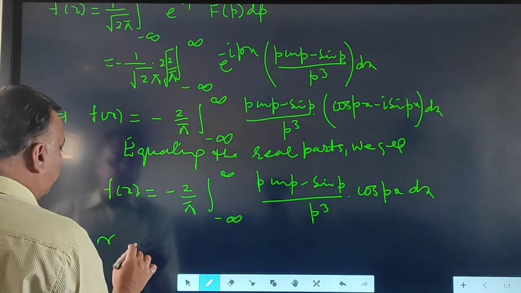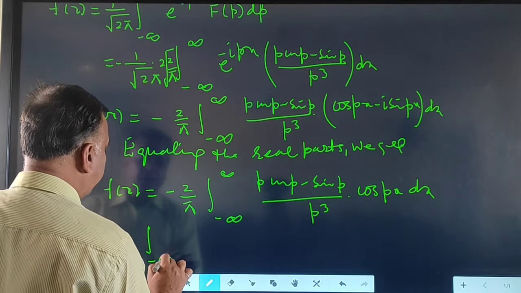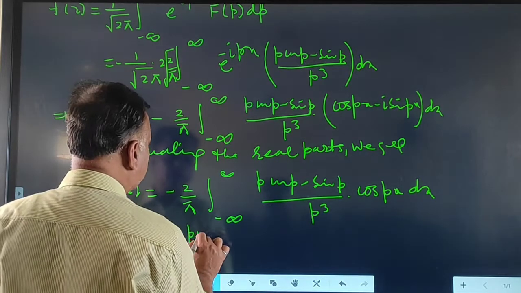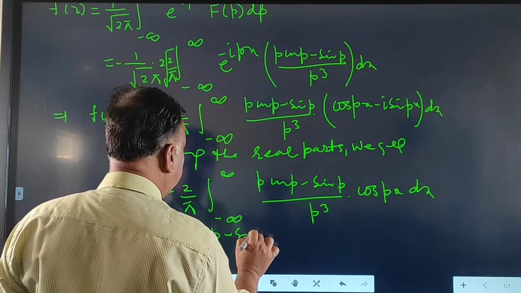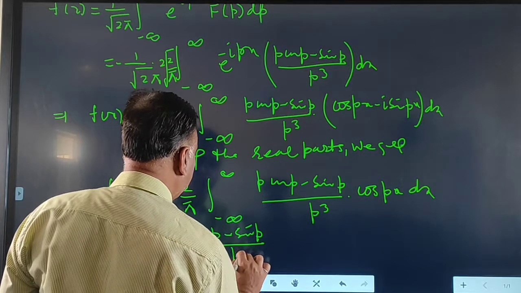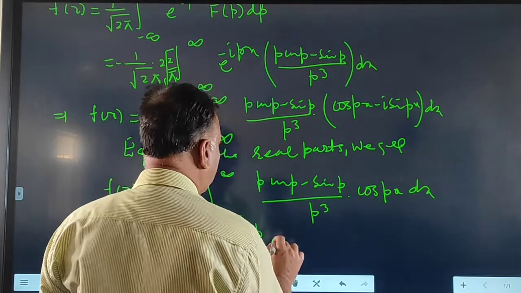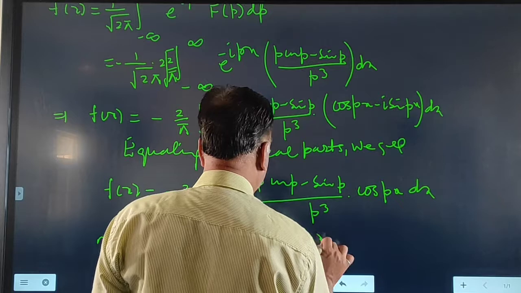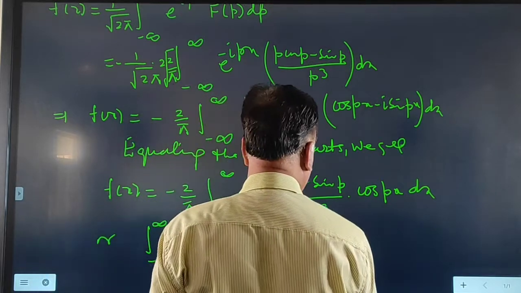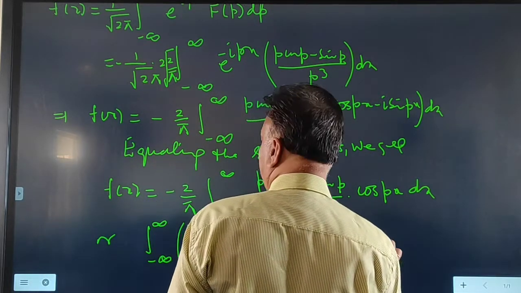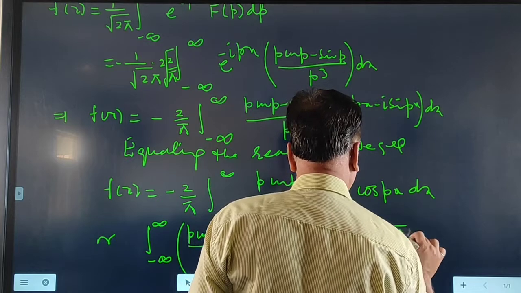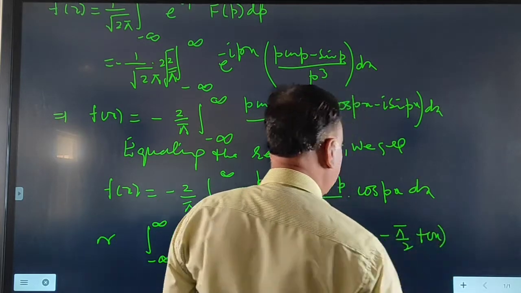Or we get integral minus infinity to infinity, p cos p minus sin p upon p cube, into cos px dx is equal to minus pi by 2 into fx.